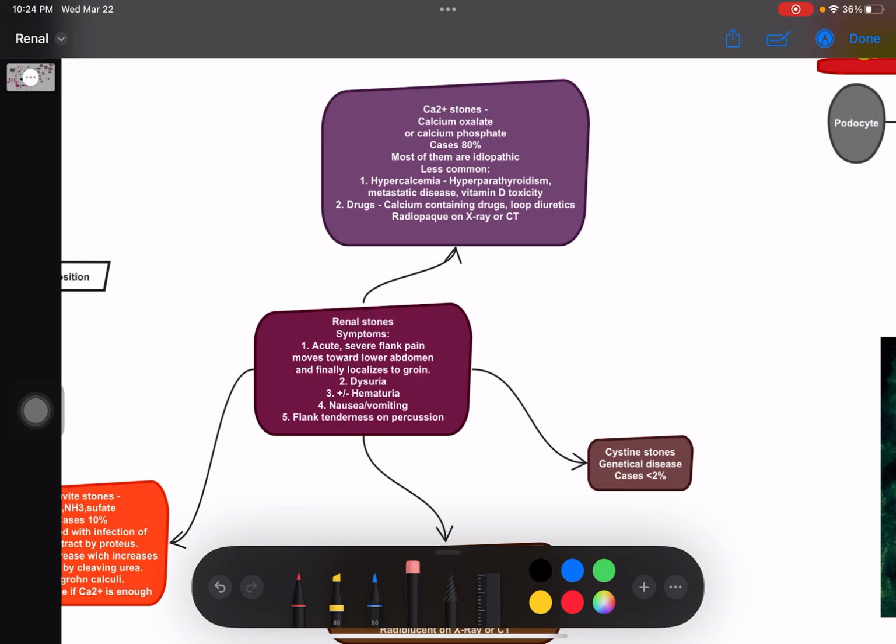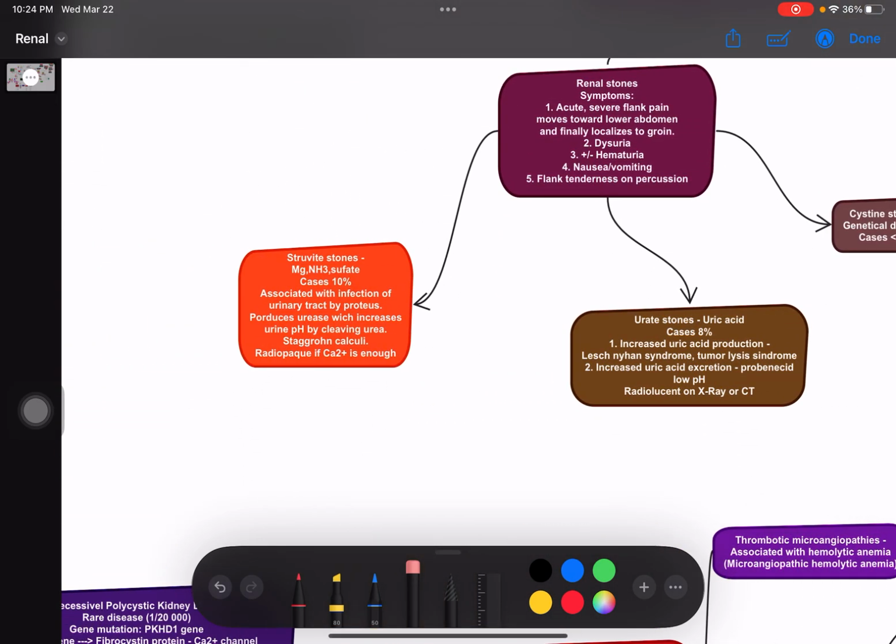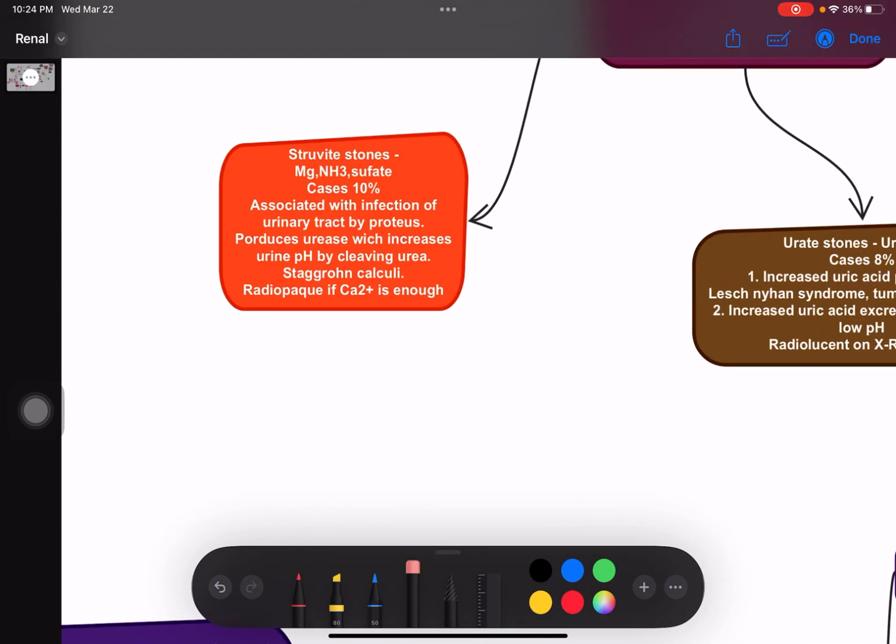Less common are hypercalcemia due to hyperthyroidism, metastatic diseases, vitamin D toxicity, and drugs that include calcium-containing drugs such as loop diuretics, radiopaque on X-ray or CT. So the second most common stones are struvite stones, which are magnesium ammonium phosphate stones.